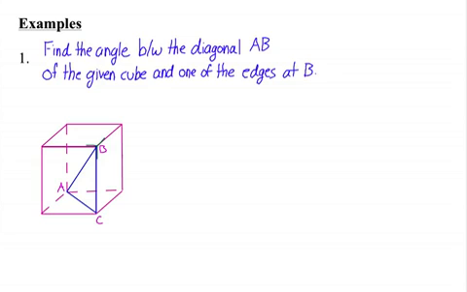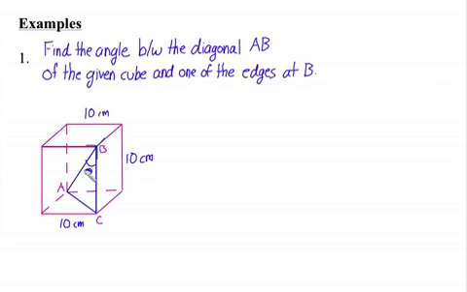Now I forgot to give you that each of the edges of this cube are 10 centimeters all the way around. So we have a few unknowns in this problem. First, I want to find this angle theta. That's the question: find the angle between AC and the diagonal AB, and any of the edges of B. So we'll call that angle theta.